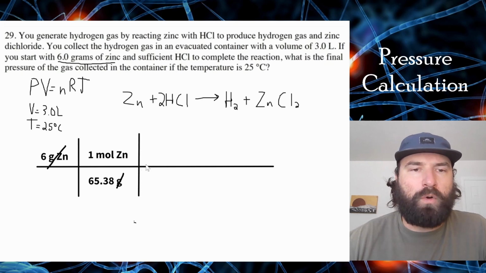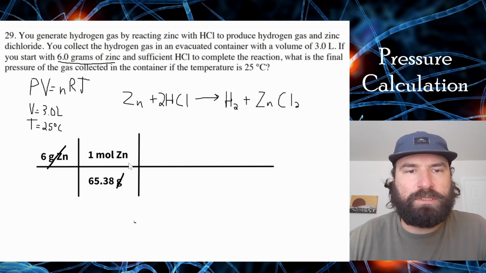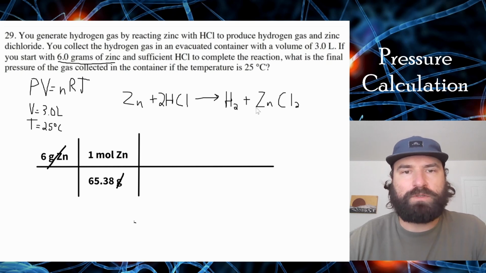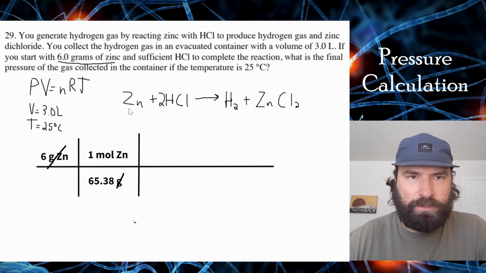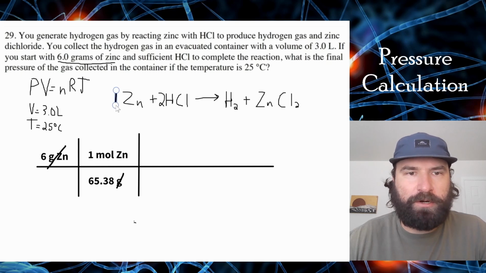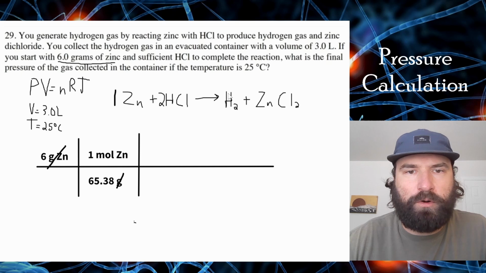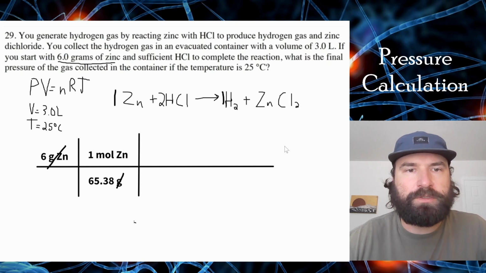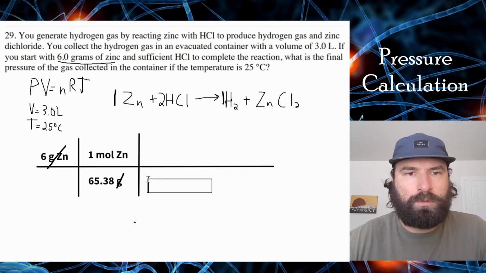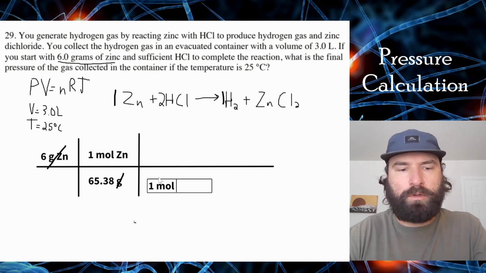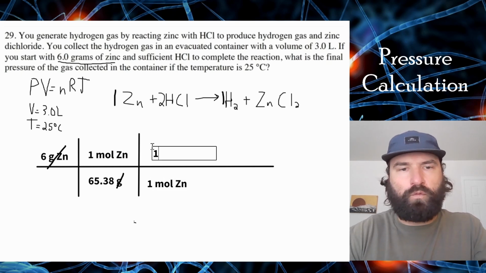But we want moles of hydrogen gas, so now we have to use our balanced equation to get from moles of zinc into moles of hydrogen gas. It looks like that's a 1-to-1 ratio in our balanced equation. We've got a 1 in front of both of those compounds. So we can say that there's 1 mole of zinc for every 1 mole of hydrogen.